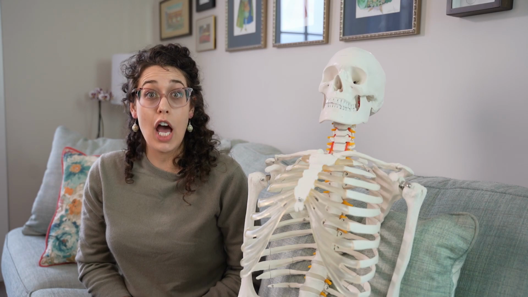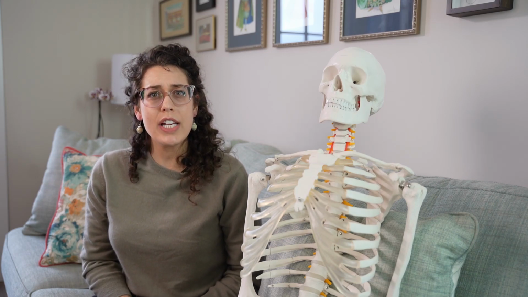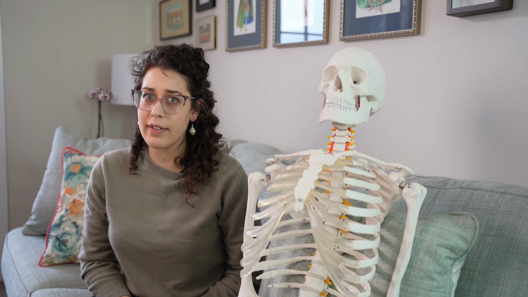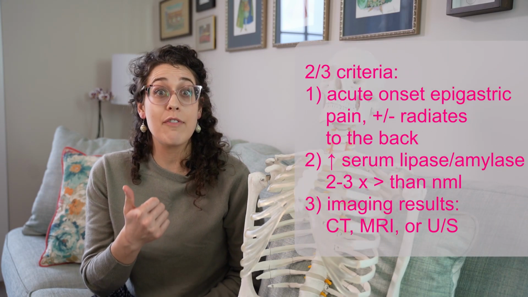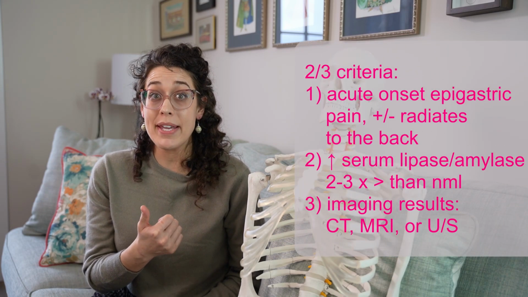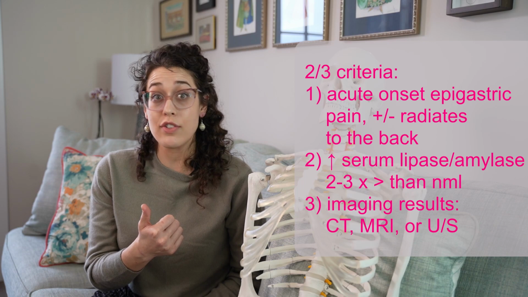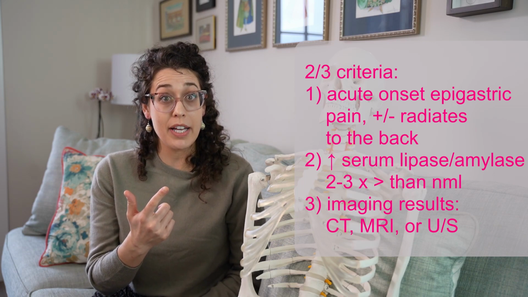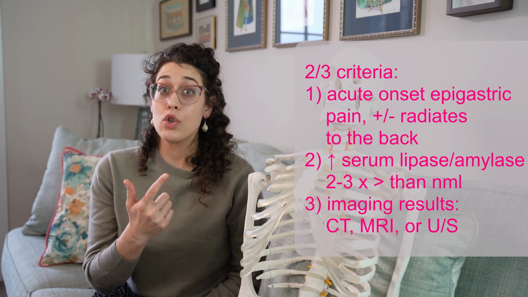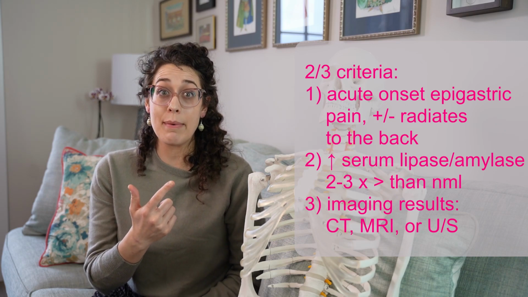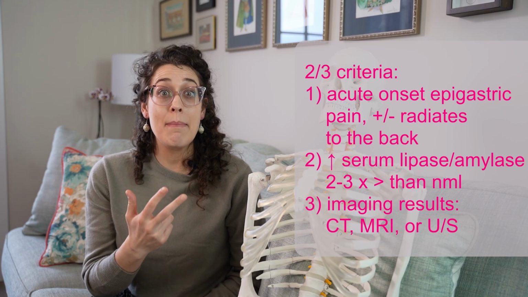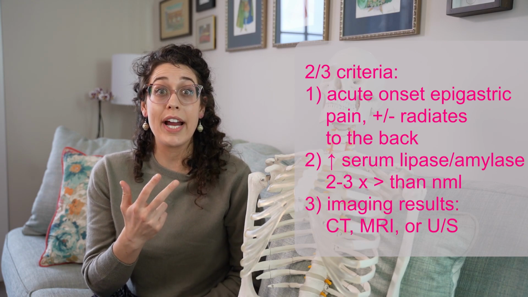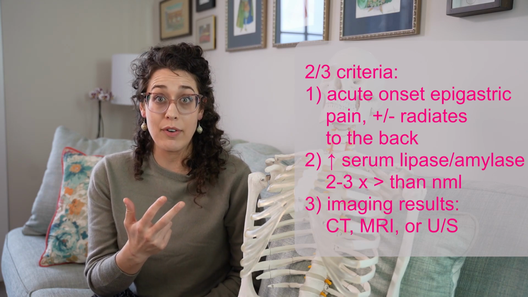To diagnose acute pancreatitis, we need 2 out of 3 criteria: acute onset of persistent and severe epigastric pain that often radiates to the back, elevation of serum lipase or amylase 2 to 3 times greater than our normal upper limit, and 3, imaging results that show characteristic findings of acute pancreatitis.